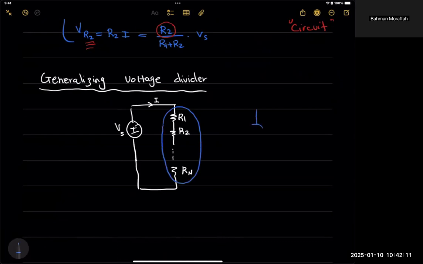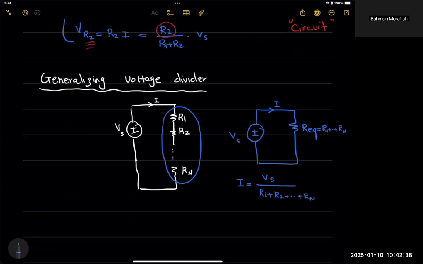So my circuit would look like this. And since all these resistors are in series, I know this R equivalent is R1 plus R2 all the way to Rn. Now, if I want to find I, I know I is Vs divided by R1 plus R2 all the way to Rn.